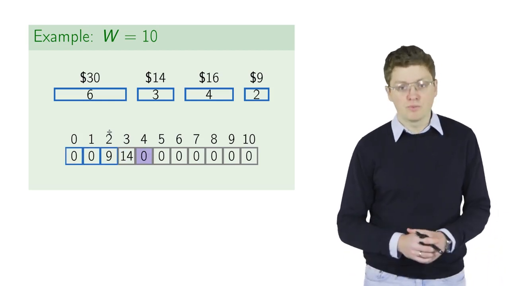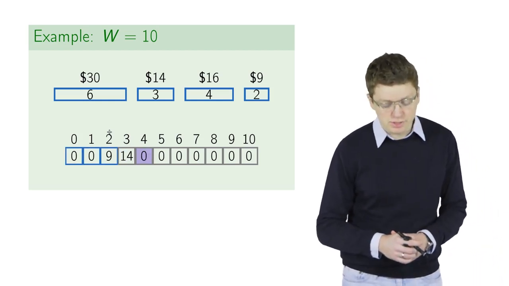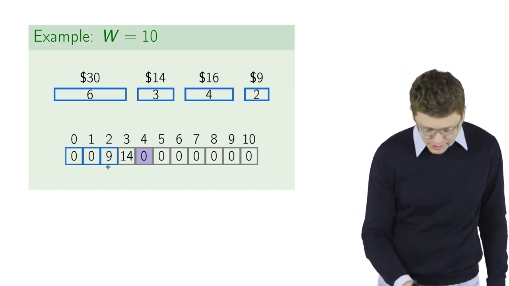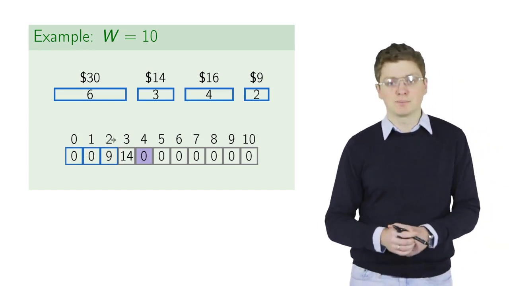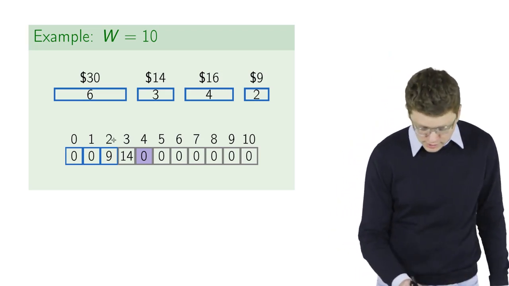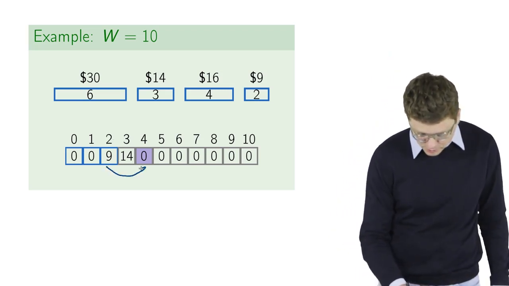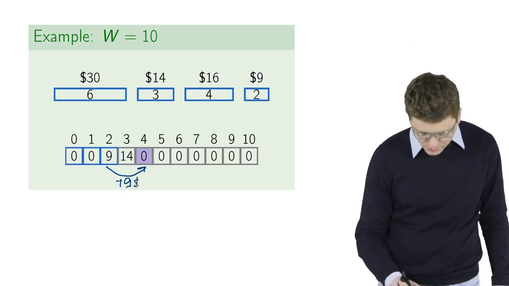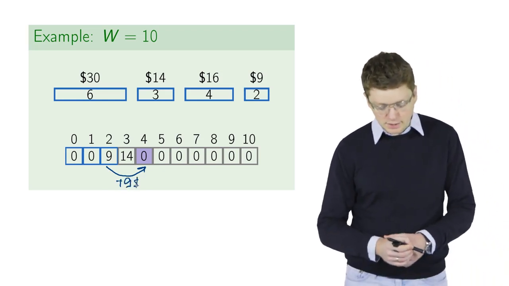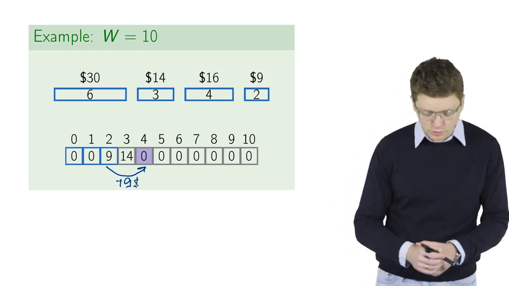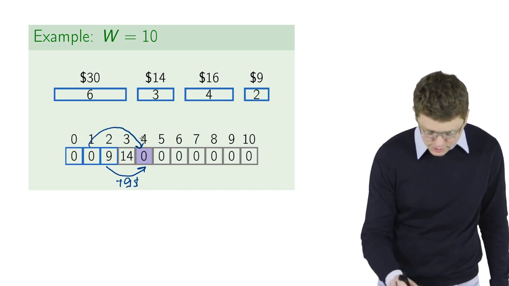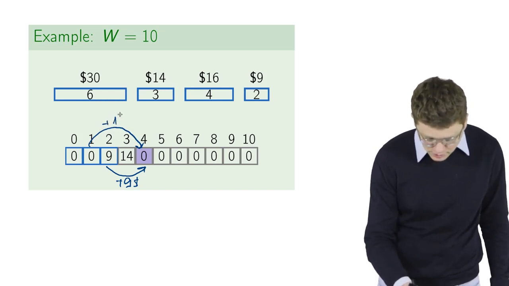Now, for value of 4, there are already 3 choices. Let's consider them. Either we can take an optimal solution for a knapsack of total weight 2 and add the last element to it, so this is plus 9. Or we can take an optimal solution for a knapsack of total weight 1 and add the second item to it, so plus 14.